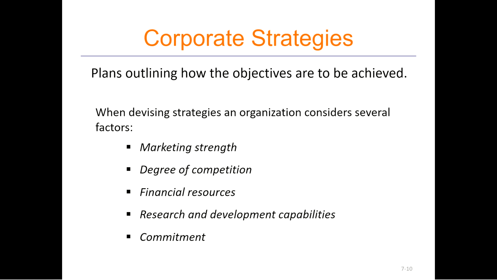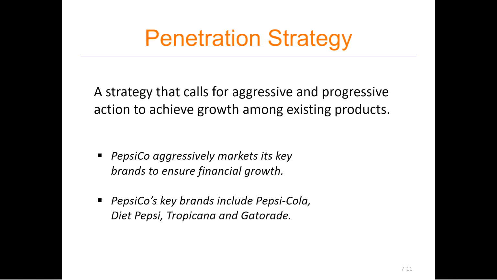For example, Pepsi, which we looked at before, is committed to business and financial success while leaving a positive imprint on society. There is also the penetration strategy. This calls for aggressive and progressive action to achieve growth among existing products, and PepsiCo aggressively markets its key brands to ensure financial growth, and some of the brands are listed there.